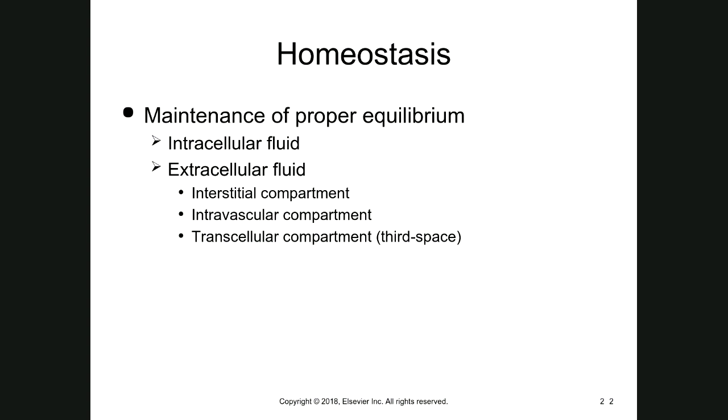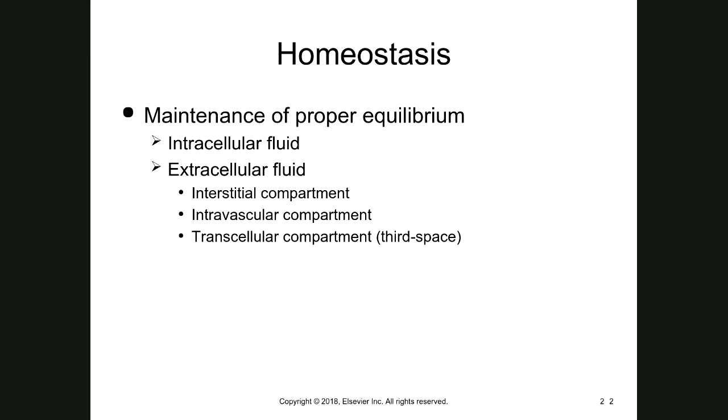Intake and output of water is regulated by the kidneys and the pulmonary system, by the hormonal and neural functions. Total body fluid is contained in two major compartments. The intracellular fluid, which is contained within the body's cells, and the extracellular fluid, which comprises all the fluid outside the cells.